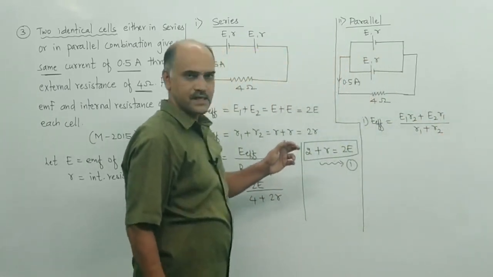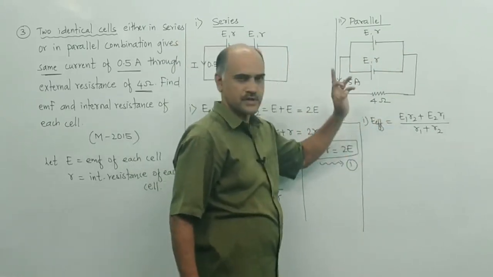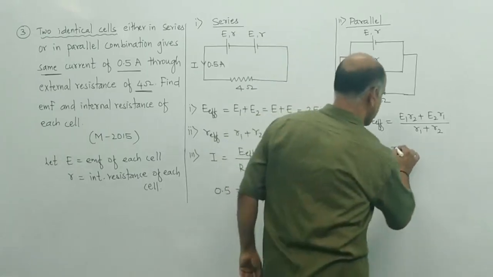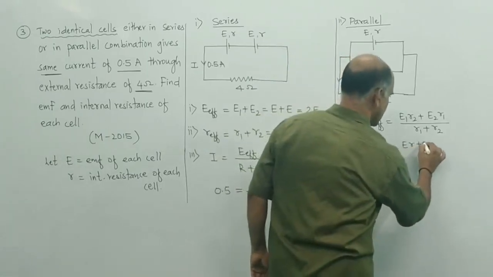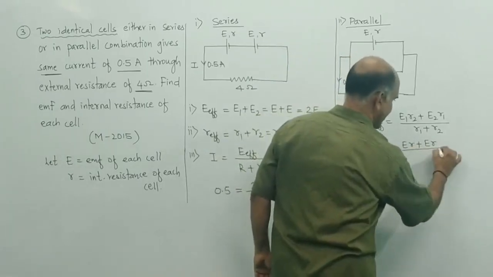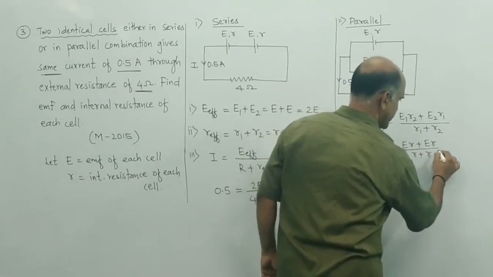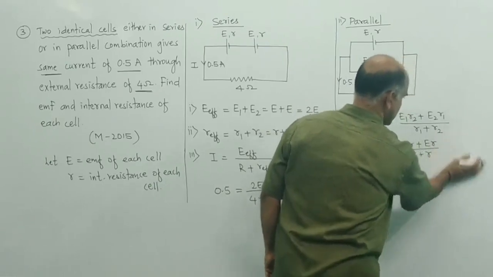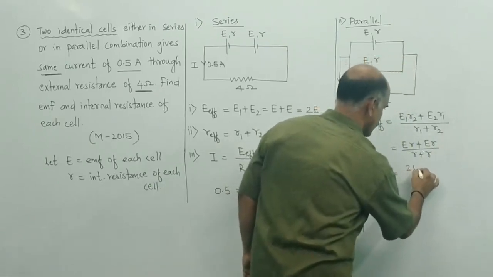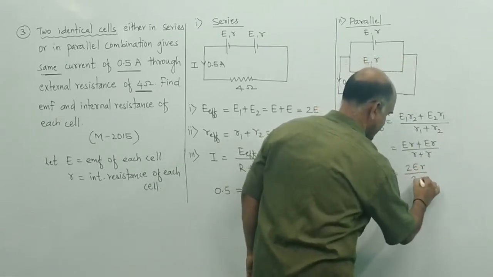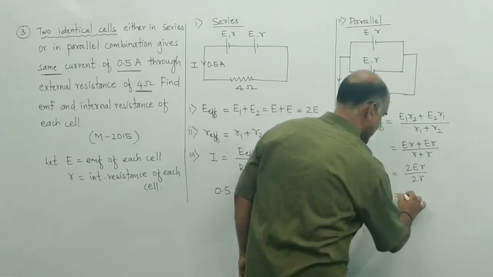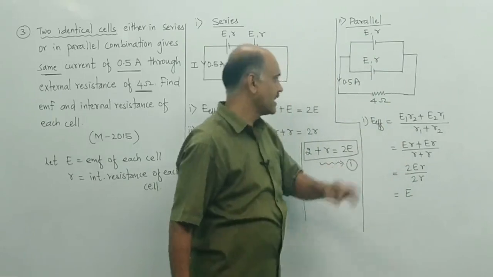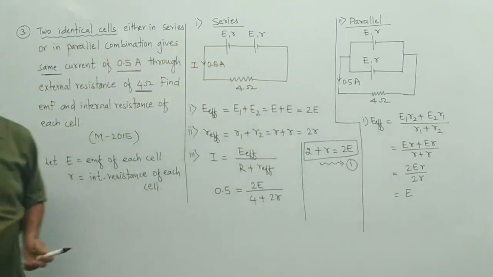Substituting, E into r plus E into r divided by r plus r, you will have 2Er divided by 2r. So E effective is equal to E, as 2 gets cancelled and r gets cancelled.